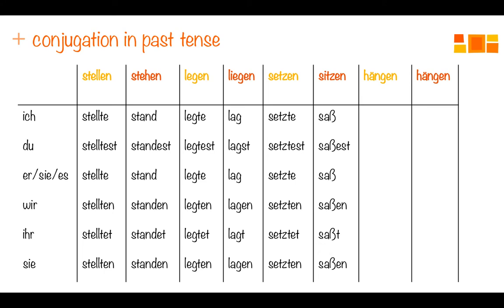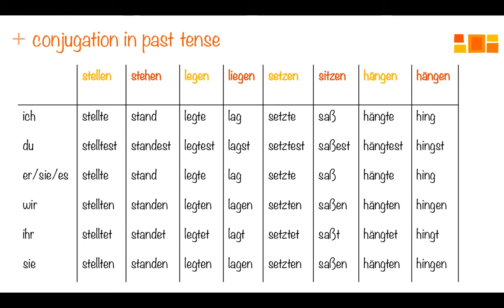Hängen, actually here there is a difference between the verb of direction, it's regular again, and the verb of position is irregular. So you see hängte, hing, hängtest, hingst, hängte, hing, hängten, hingen, and so on. So it's different.